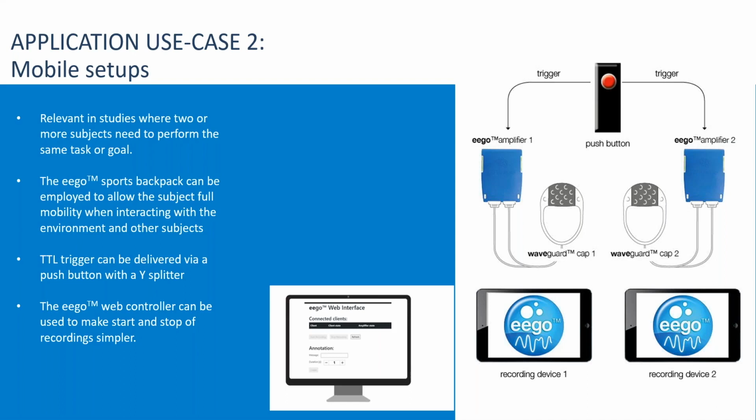What we also have as a layer to make this recording easier is the eego web interface. So this is something that we will also employ to start and stop recordings across multiple devices, especially if it's in a mobile setup. As per always, I have a slide on what you need from us to achieve this.